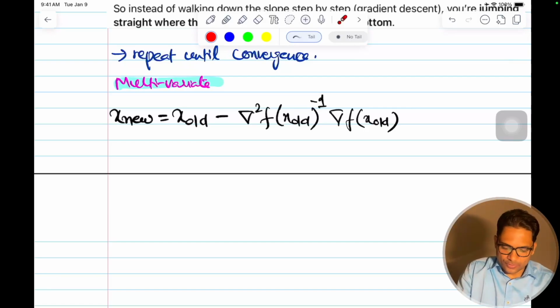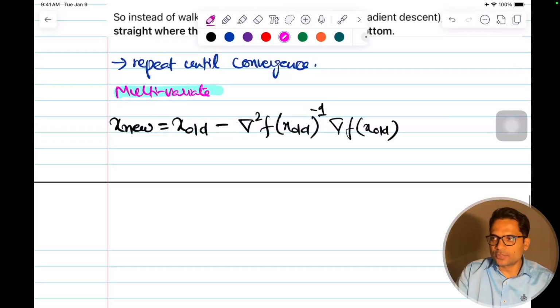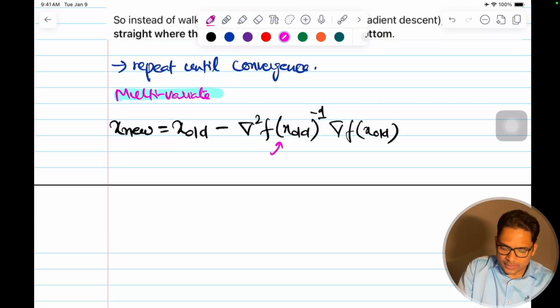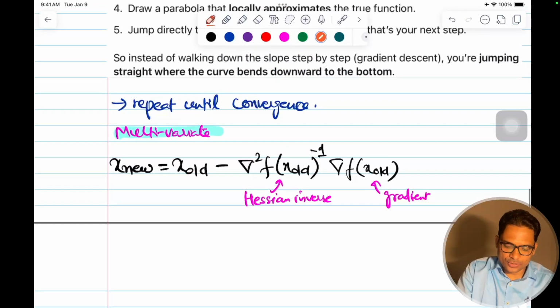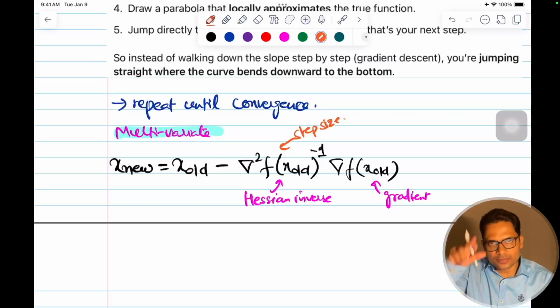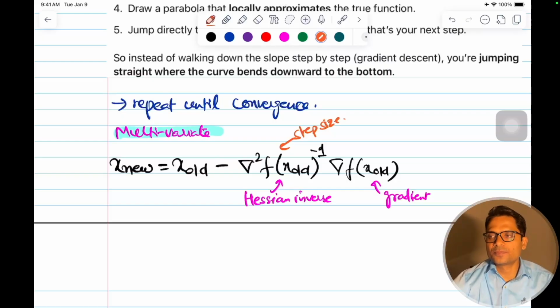So what is your new step? It is nothing but the Hessian inverse times the gradient, and this Hessian inverse is also your step size, which uses the curvature. You draw the parabola and keep jumping.